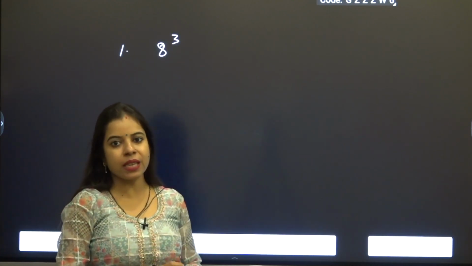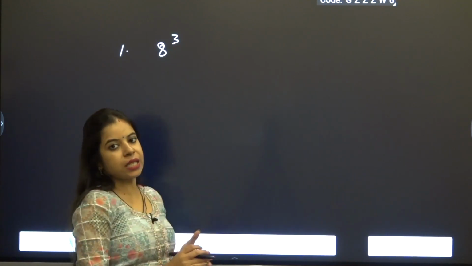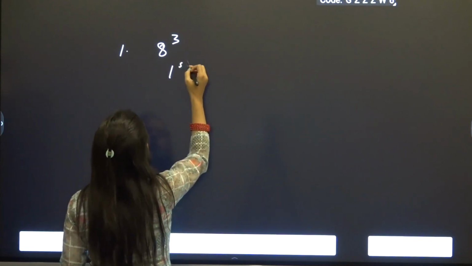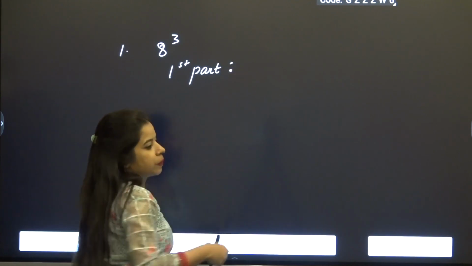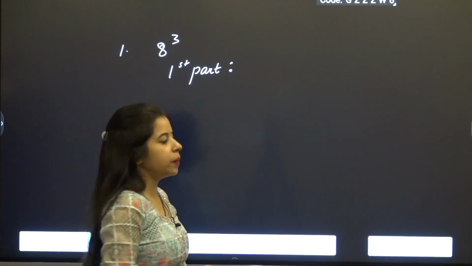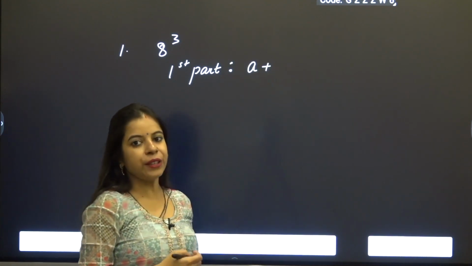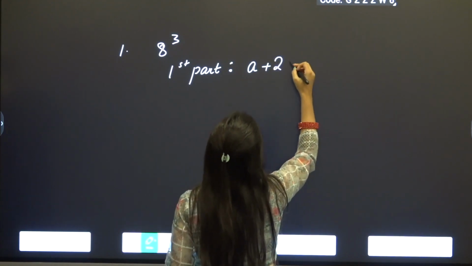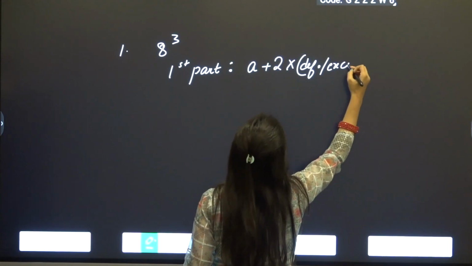So, what is the procedure or the working rule? The answer is divided into three parts. For the first part, just take the number and add to it 2 times the deficiency or the excess.